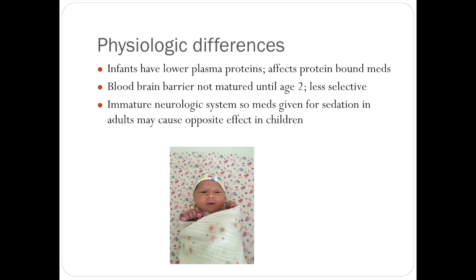It doesn't have that barrier like you and I have. Also, because these kids have an immature neurologic system, drugs that we normally would give to sedate an adult will have the opposite effect in a child. You can give something like chloral hydrate to a child, and it seems like such a large dose, and the kid is still awake, and that's because they have an immature neurologic system.